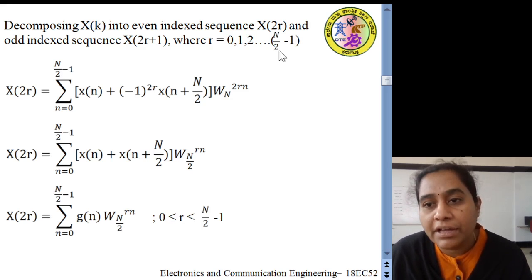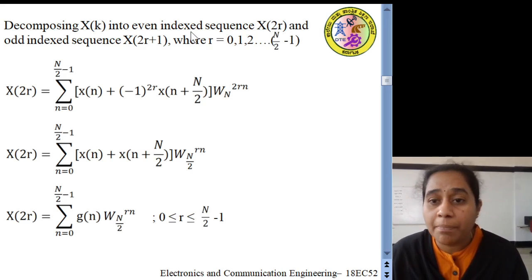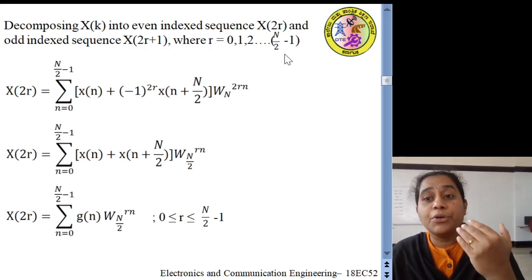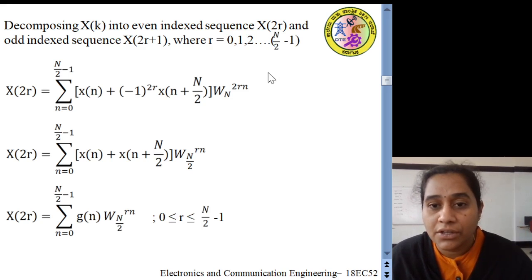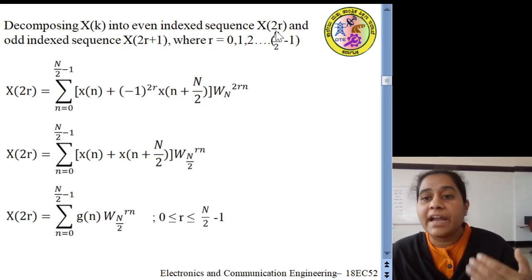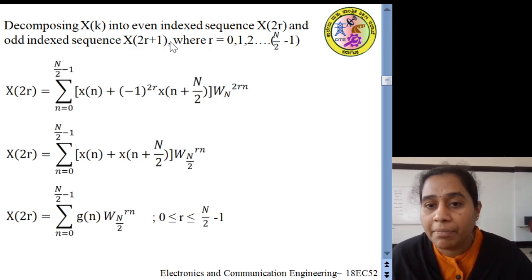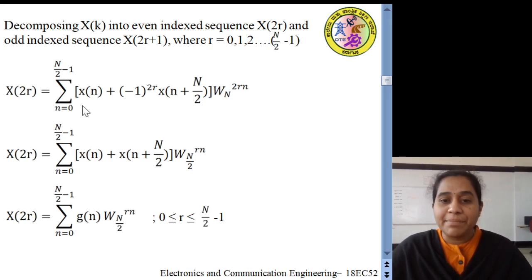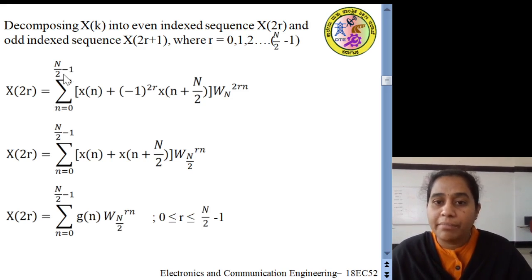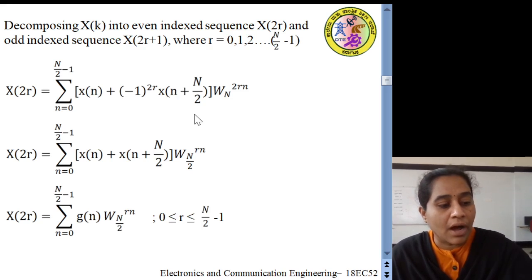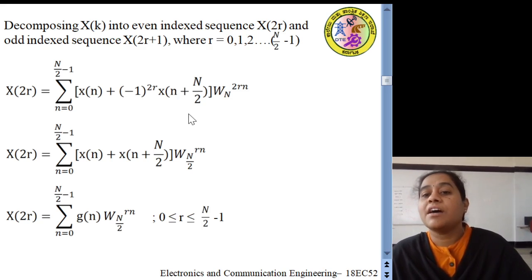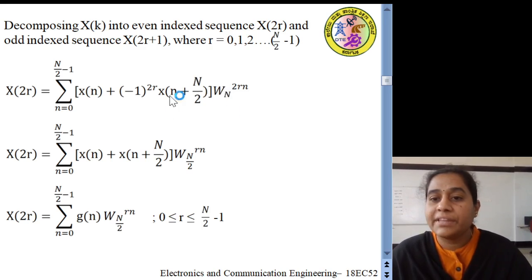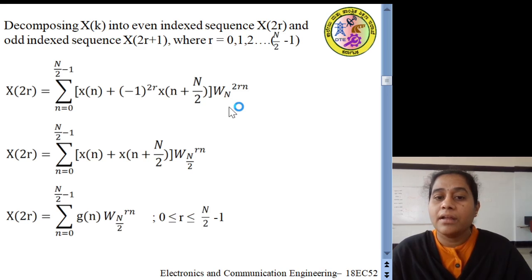So both x of 2r as well as x of 2r plus 1 have N by 2 samples. If we write this, we obtain X of 2r is equal to summation n varying from 0 to N by 2 minus 1, x of n plus (minus 1) raised to the power of 2r into x of n plus N by 2, whole thing multiplied by WN raised to the power of 2rn.